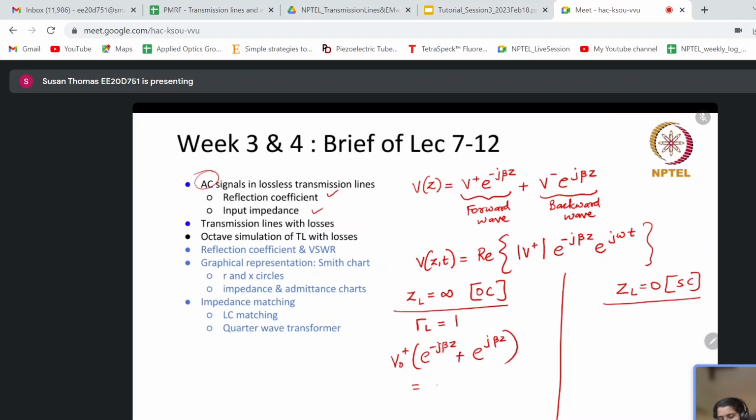So it becomes 2 V naught plus cos beta z. This indicates that the maximum voltage on the transmission line will be 2 V naught plus.